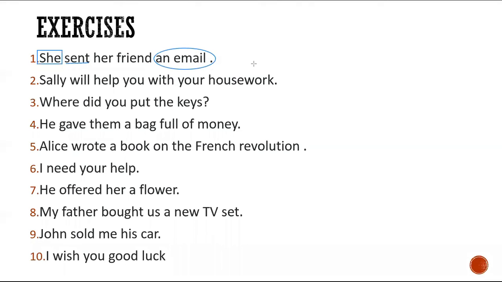Now, do we have an indirect object? Yes. Which is? Her friend. How do we know that we have an indirect object? Because we ask to whom she sent an email. To whom? To her friend. Exactly.